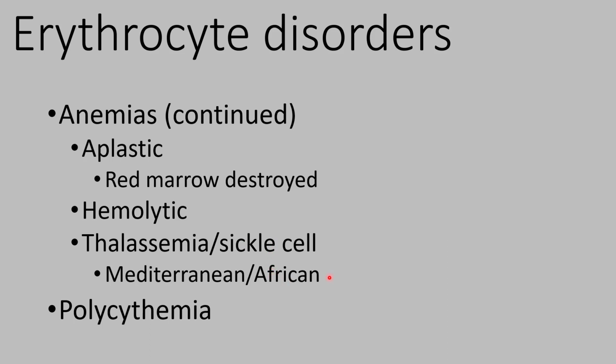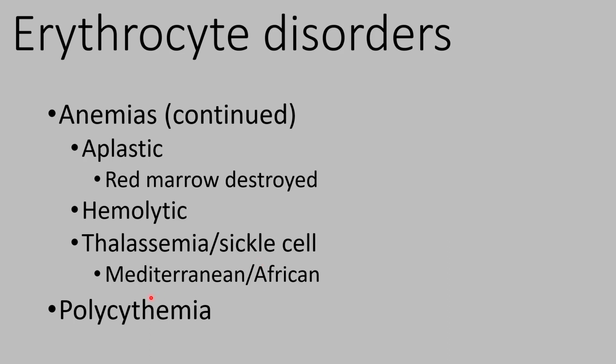It tends to be more prominent in Africans. Thalassemia results in the red blood cells kind of having a weird bullseye appearance, and that tends to be more common in people of Mediterranean descent. But the result in both of these is the same. The red blood cells cannot adequately carry oxygen, again making these anemias.